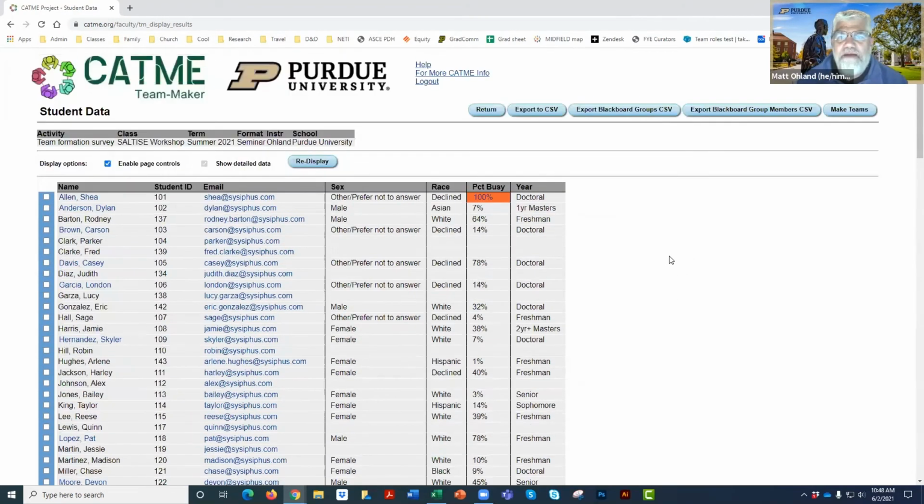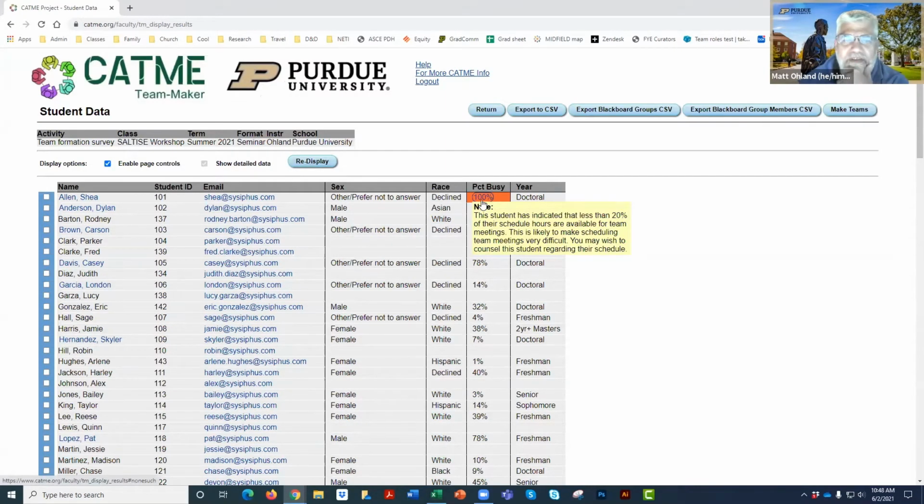All right, and so once we see that, we also see a warning up here. It tells me that Shay is not interested in working in a team. Shay has said, you know what, I have no time for team interaction. It gives this flag if less than 20% of a student's schedulable time is available for team interaction.